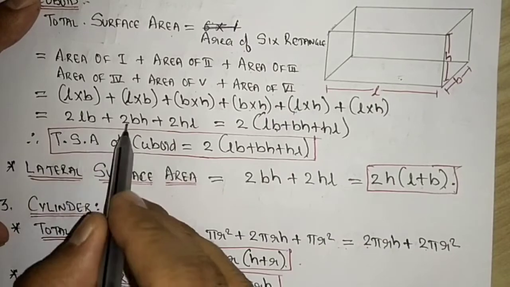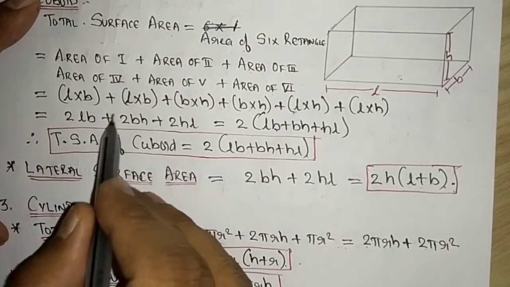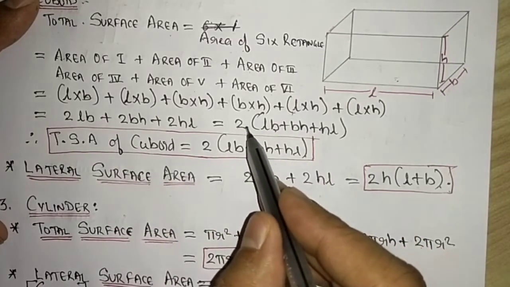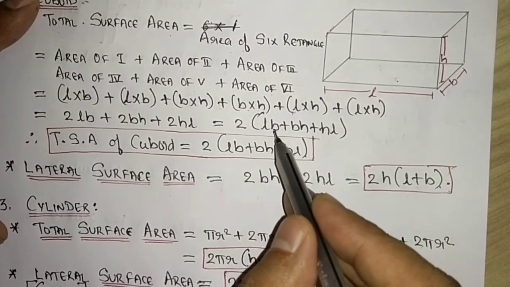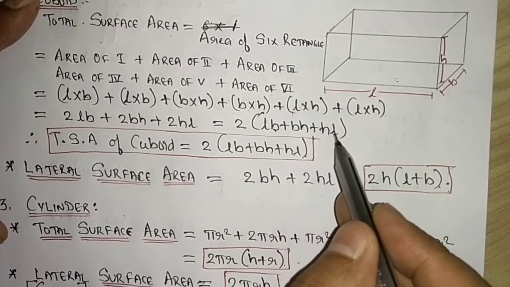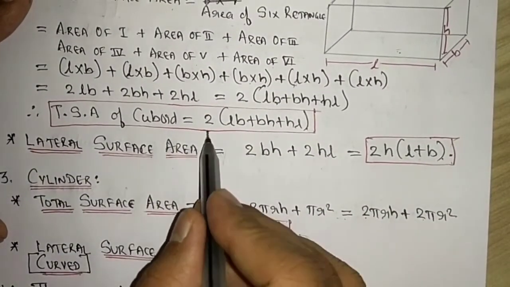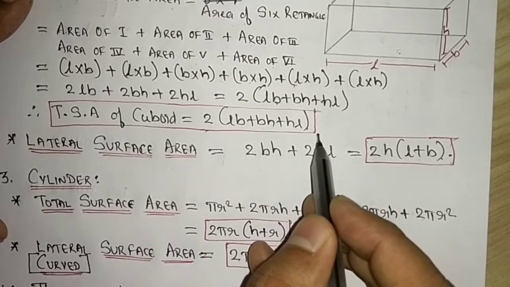If I take the 2 common from all three, I get 2 into bracket LB plus BH plus HL. So total surface area will become 2 into bracket LB plus BH plus HL.